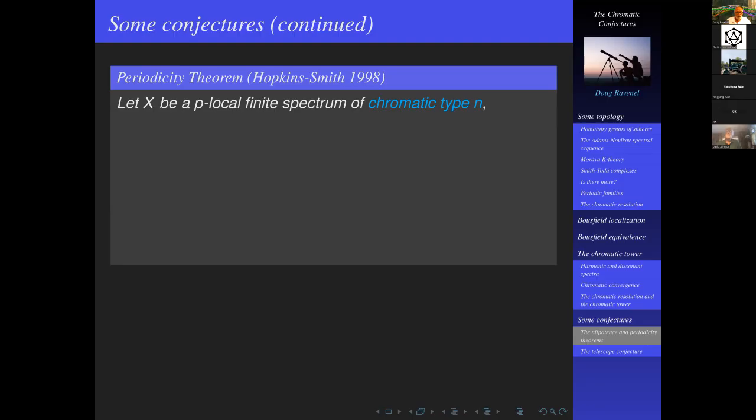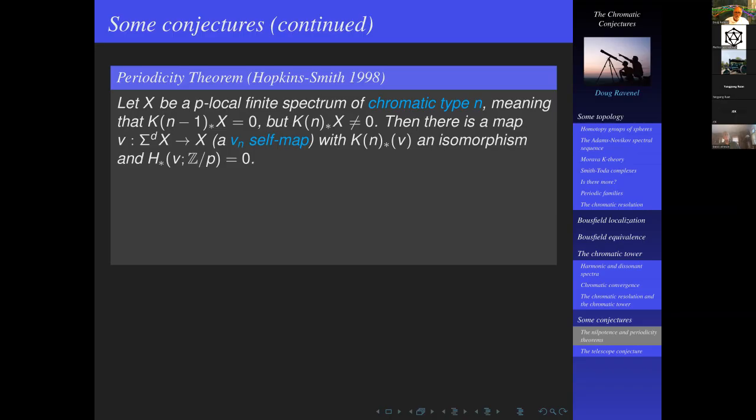Now, here's a theorem proved by Hopkins and Smith, published in 1998. I'm sure they knew it long before, probably a decade or more before that. It says the following. Let's say you have a p-local finite spectrum X of chromatic type n. That means that K(n-1) vanishes, but K(n), the nth Morava K-theory, is non-trivial. That's what type n means.